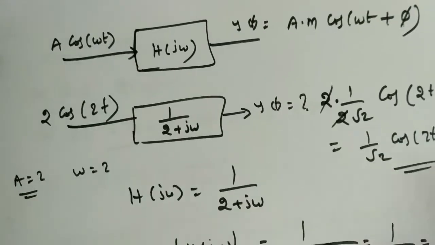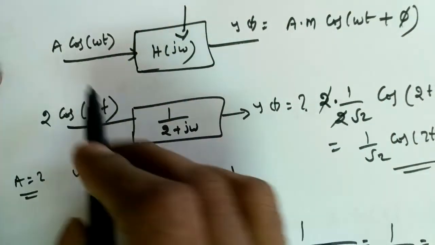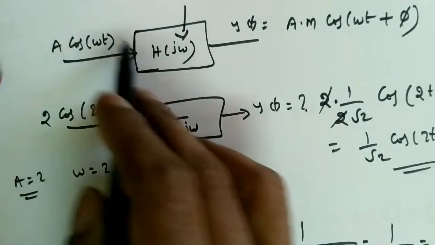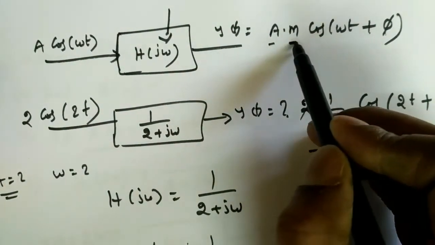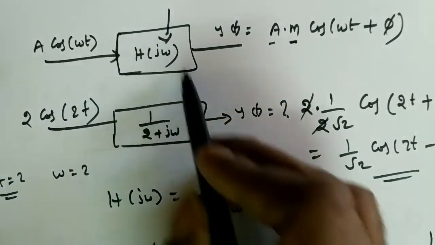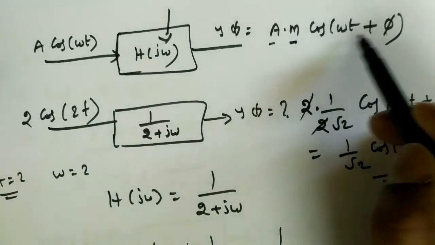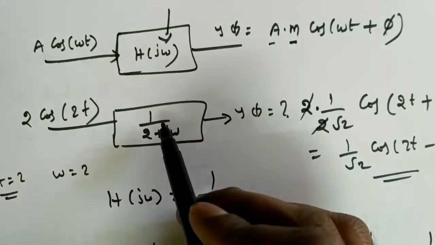Whenever a system response is there, if I apply a sinusoidal, sine or cos, we get A into M, where M is given by the system response, and omega t plus phi, where phi is also given by the system response.